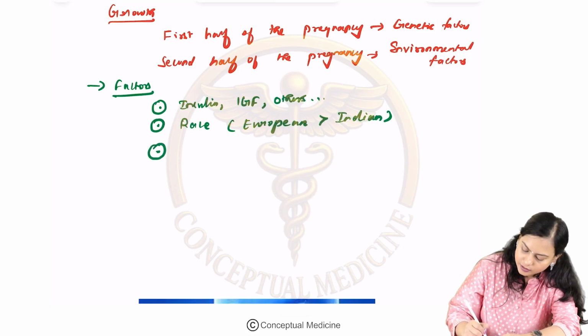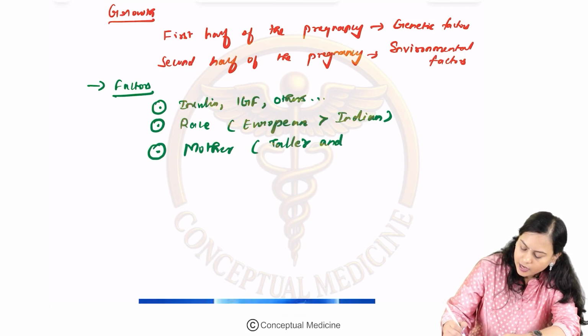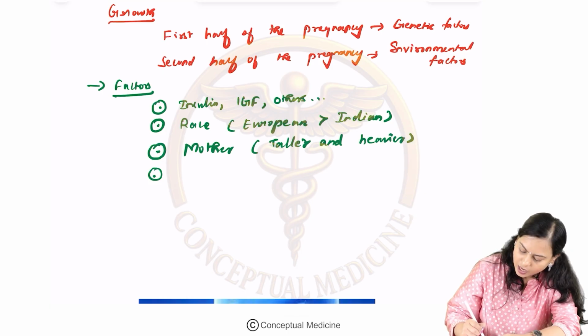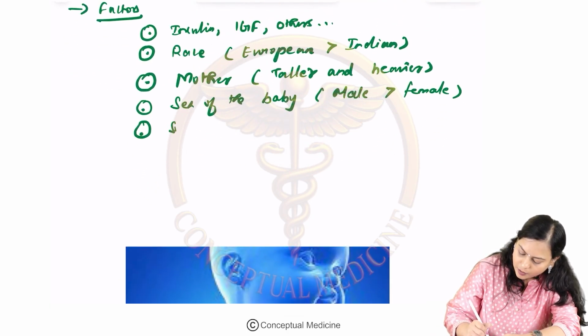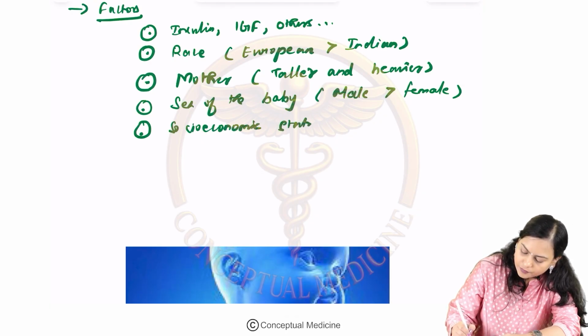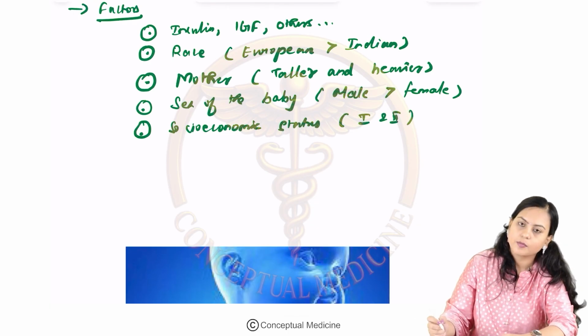Then, about the general stature of the mother, if there is a taller and heavier mother, the babies are also big. Then, about the sex of the baby, male fetuses are generally big when compared to the female counterparts. Then there is the socio-economic status. Socio-economic status 1 and 2 will have bigger babies.